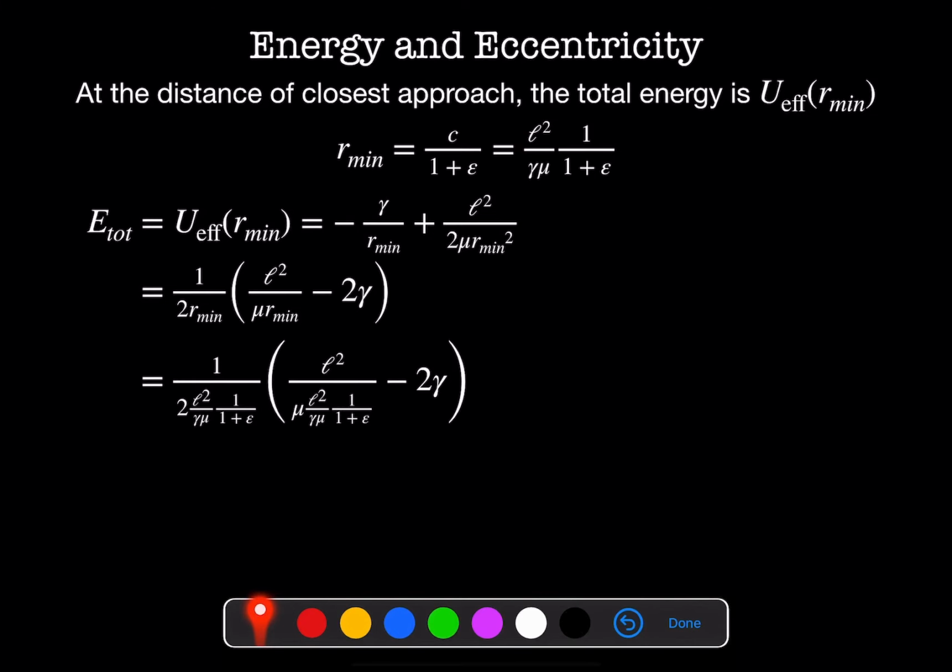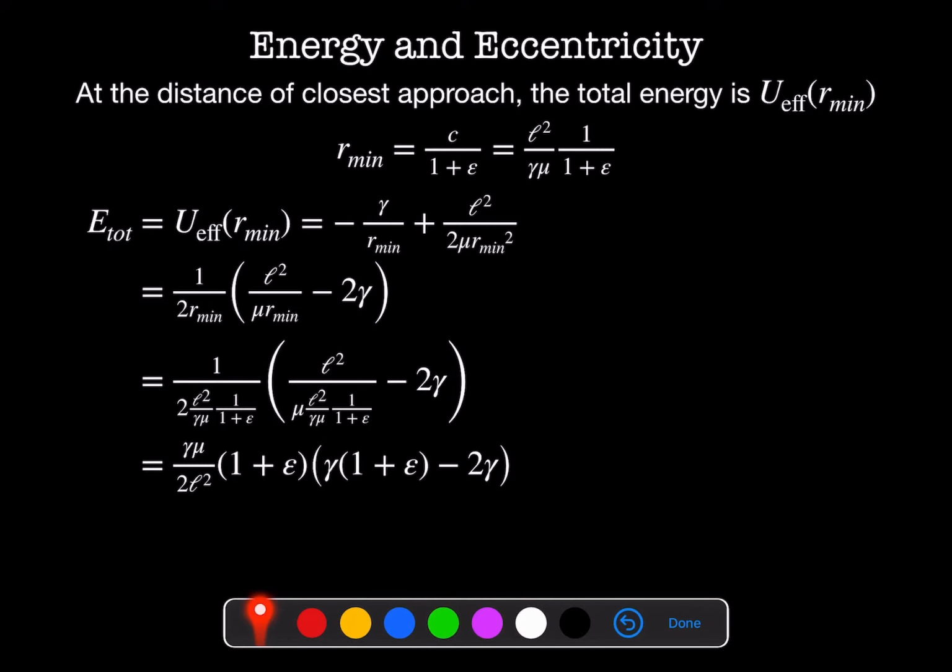So here I have quite a bit of nasty algebra, so I'm going to rearrange these quite a lot. I'm going to cancel out the L squareds and the mu's, and I can pull the 1 plus epsilon up to the top. And I end up with gamma mu divided by 2L squared times (1 plus epsilon) times (gamma (1 plus epsilon) minus 2 gamma).